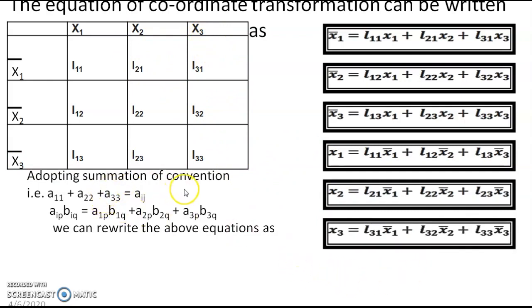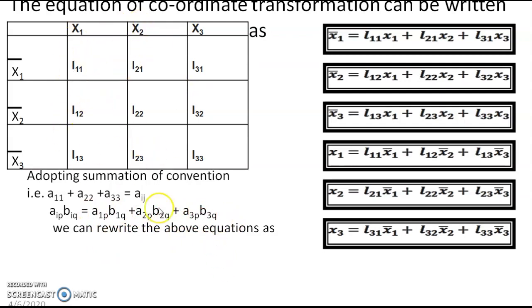If we adopt the summation convention rule for aij, suppose a11 plus a22 plus a33, or this is aipbiq, if you expand this, in place of I, you can write 1, 1 and 2, 2 and 3, 3. You can expand it.